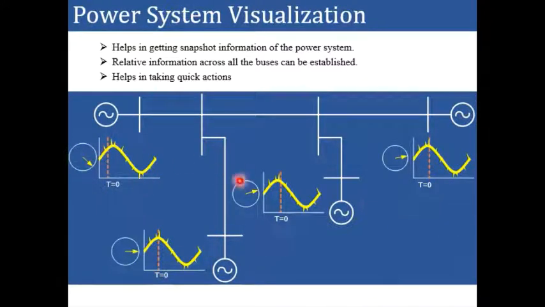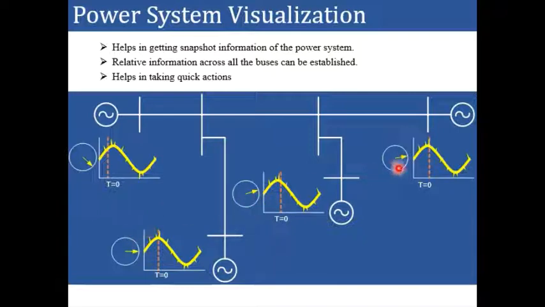And then when we compare the information, we can identify the relative angle values of these voltages. So if you see, this may be considered as a reference voltage, and others are defined with respect to this reference phasor. So here you can say that this is leading with respect to this, this voltage is lagging with respect to this, and again this is leading with respect to this.